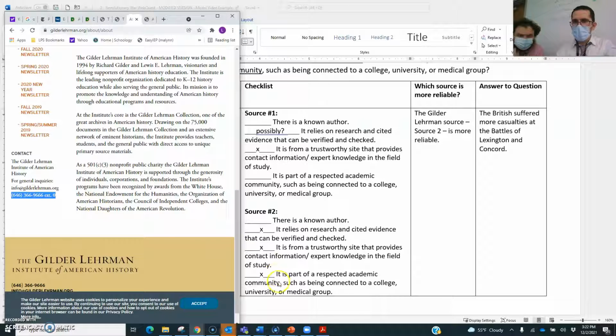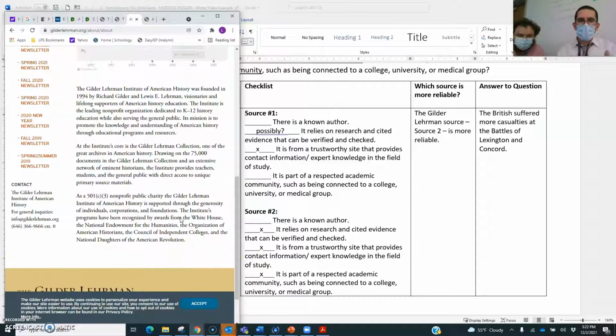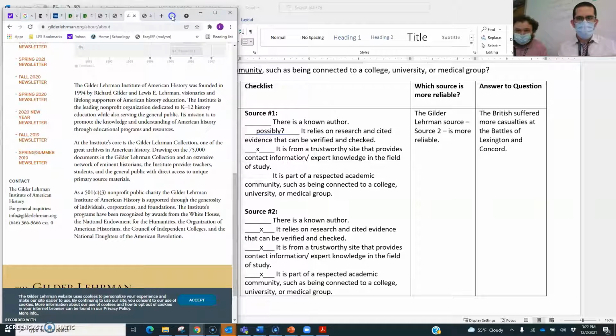And once again, at the very bottom, it is part of a respected academic community, as we can see, connected to a lot of different colleges and organizations. While Gilder Lehrman is not a college itself, they have many podcasts and public speaking events with professors and different academics from many universities throughout the country.